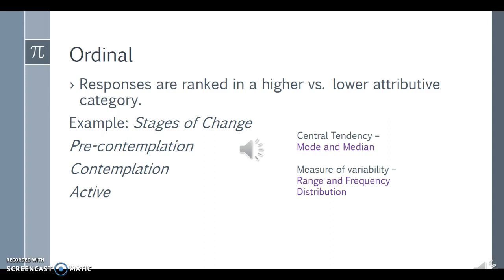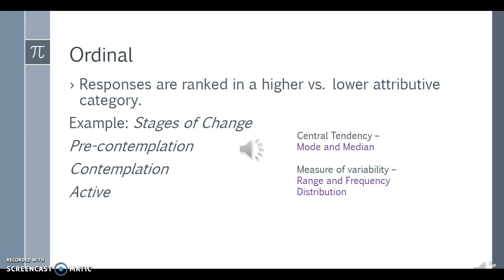So if you remember, if you're looking at someone's stage of change, they could be in the pre-contemplation level, which they have no insight into or no drive to change. The contemplation, they're thinking about changing their behavior, and at the active level, they are changing their behavior. So there are different meanings behind that category.